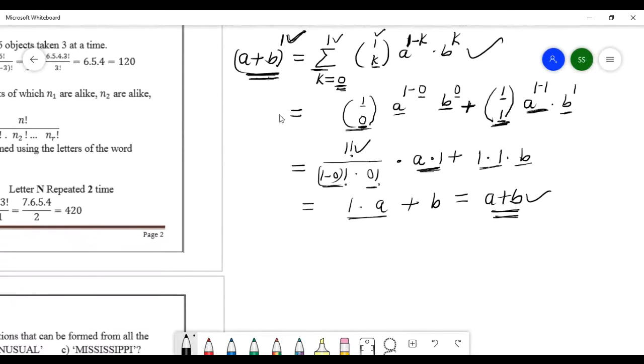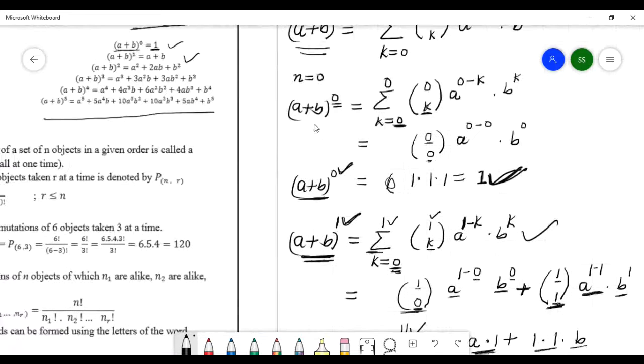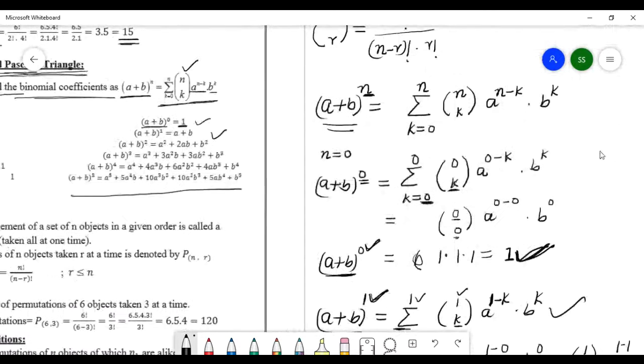So here look, by using this, a plus b power 1 is a plus b. Okay, and then in the same way, if n is 2, a plus b squared, using this formula is a squared plus 2ab plus b squared, and this is a plus b power 3, if you take n as 3, then it is this.